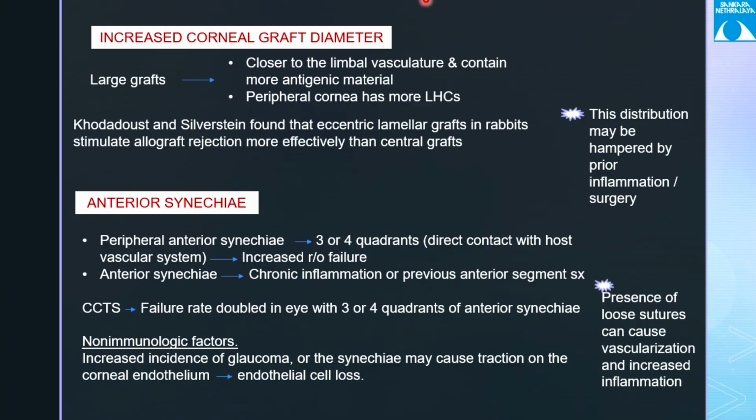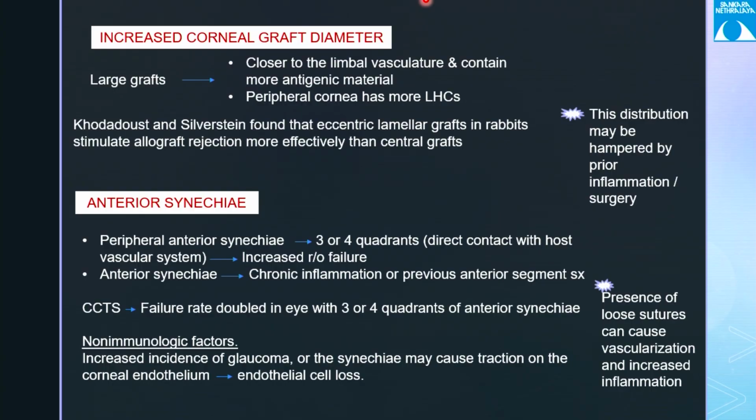And as we've discussed, the peripheral cornea has more lymphocytes. Koda-Dost and Silverstein found that eccentric lamellar grafts in rabbits stimulated rejection more effectively than central grafts. So this distribution can be hampered by prior inflammation or any surgery.